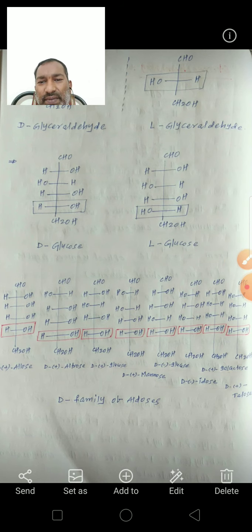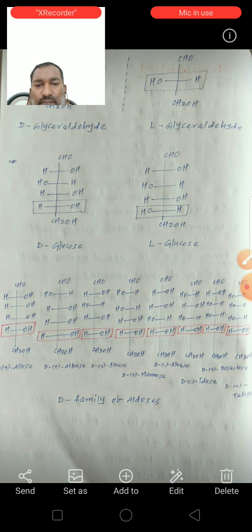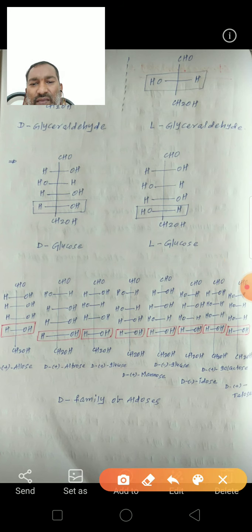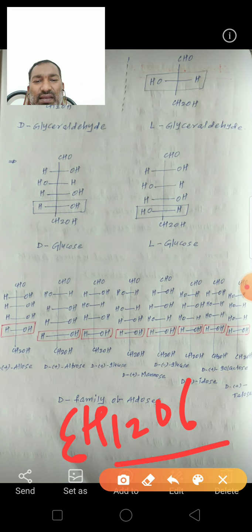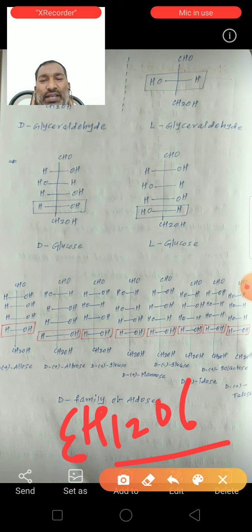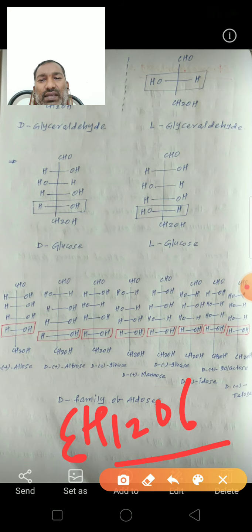In all of these the molecular formula is the same, C6H12O6, but the arrangement of OH and hydrogens on the carbon atoms is different.